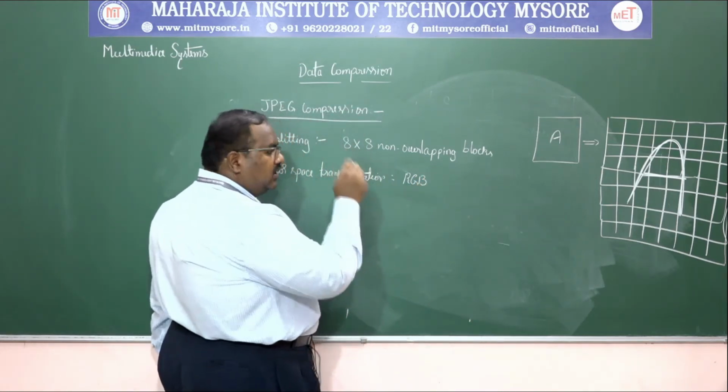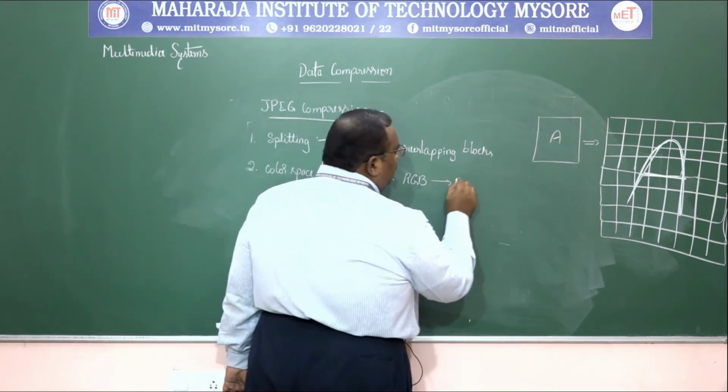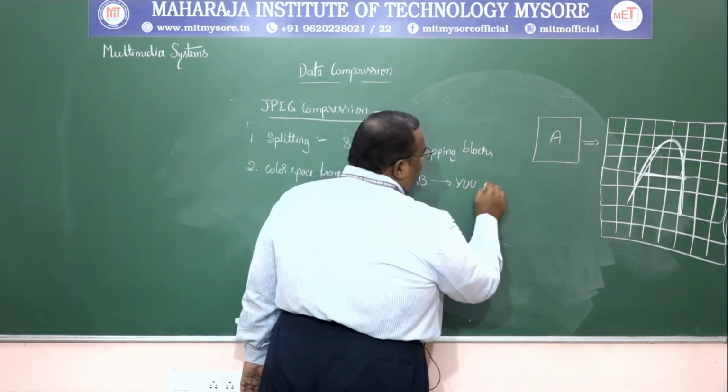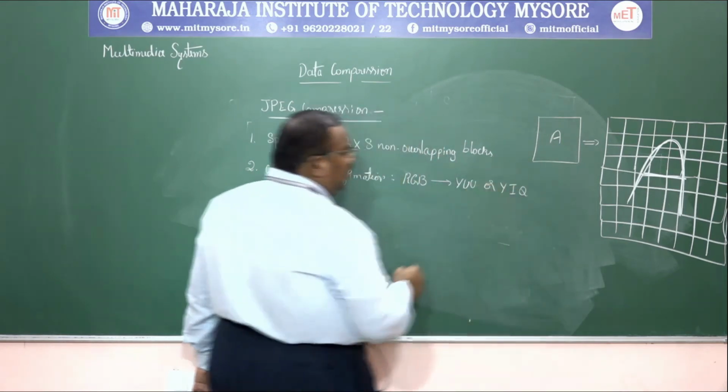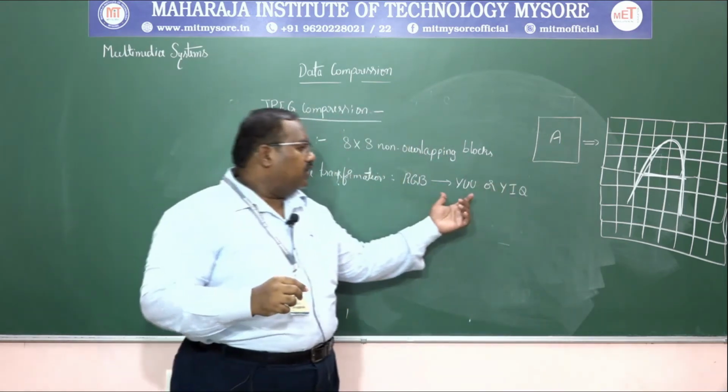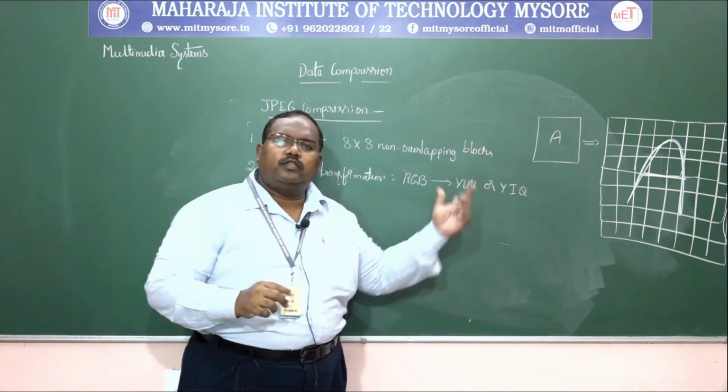We are supposed to convert this image from RGB format to YUV or YIQ format. So what does YUV mean, what does YIQ mean?